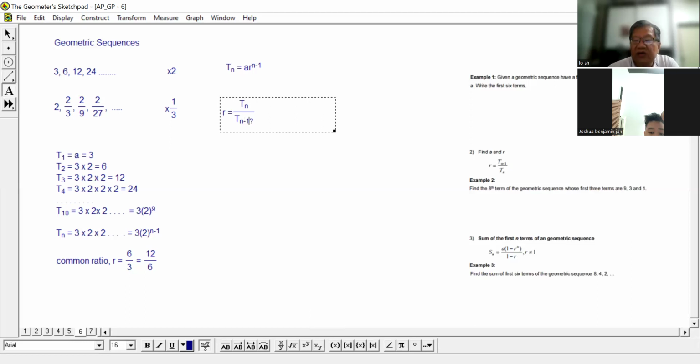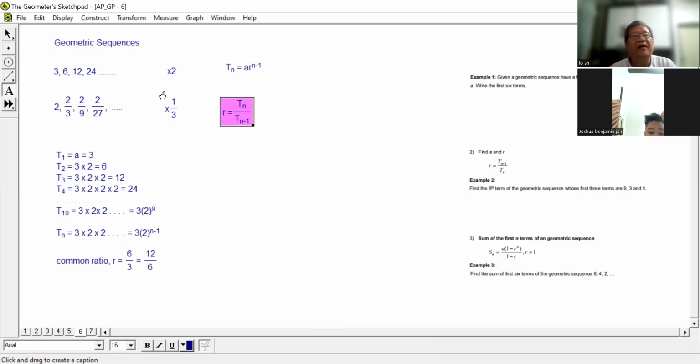Okay, so this is our formula for finding r. This is the formula for finding Tn. This is the formula for finding r. Okay. Right.